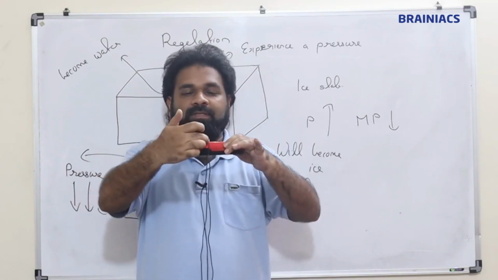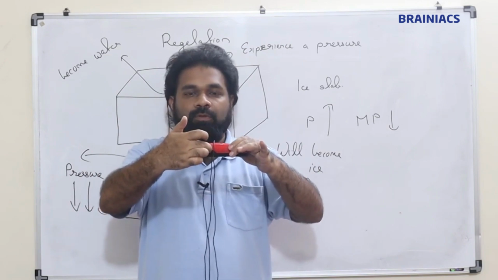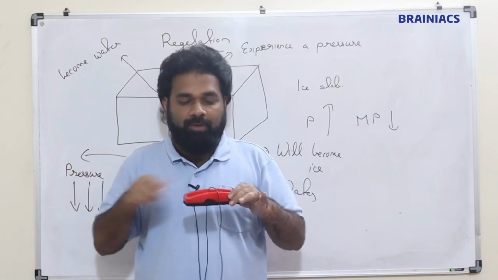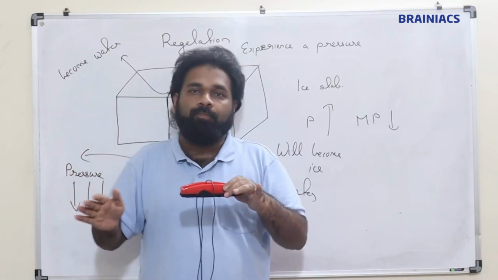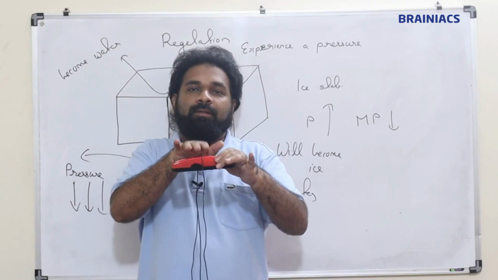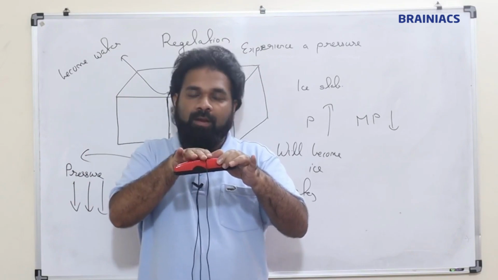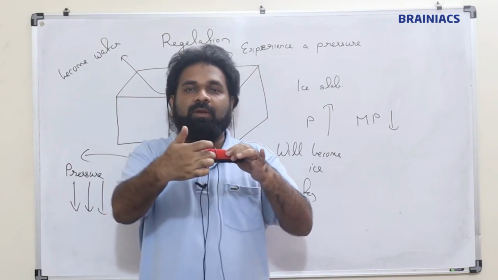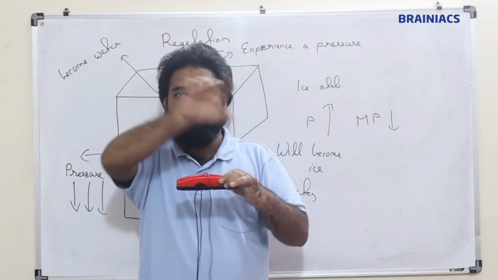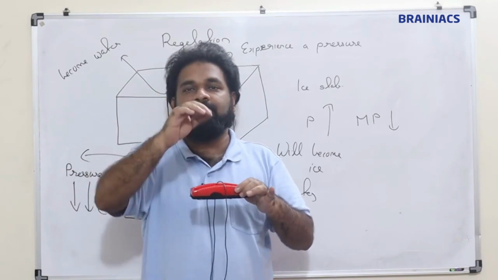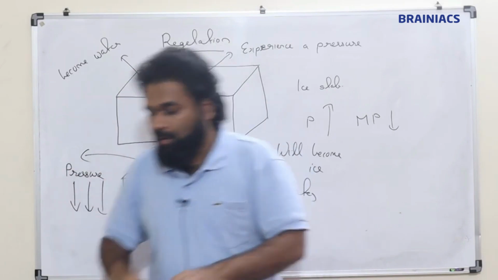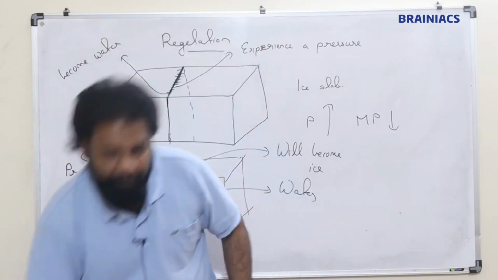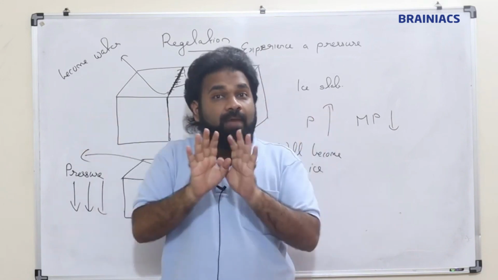So this string will go down. The upper part of the string will not have any pressure, so the pressure will become normal and it will convert back to ice. Now the string will be here, in between the slab. Likewise it will go, and finally the string will come down.